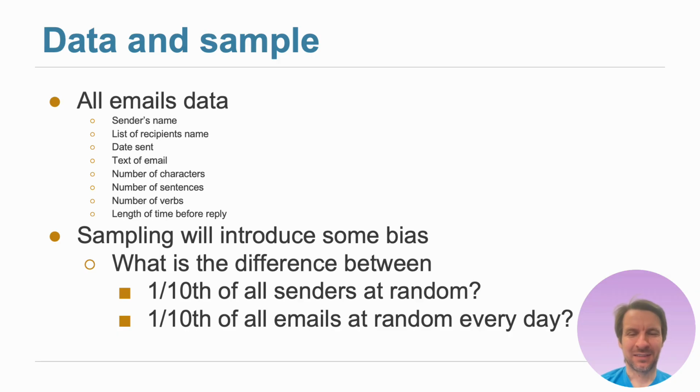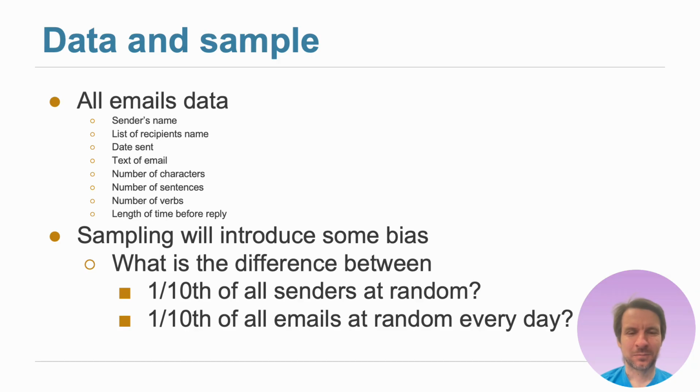Will you take 1/10 of all senders at random and look at those people, or will you look at 1/10 of all the emails that come in every day? It will potentially give you very different answers.